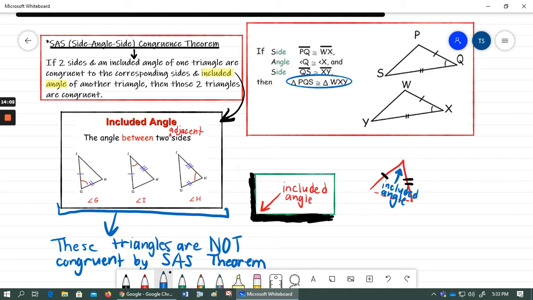So again, these two triangles are congruent by the side angle side theorem.